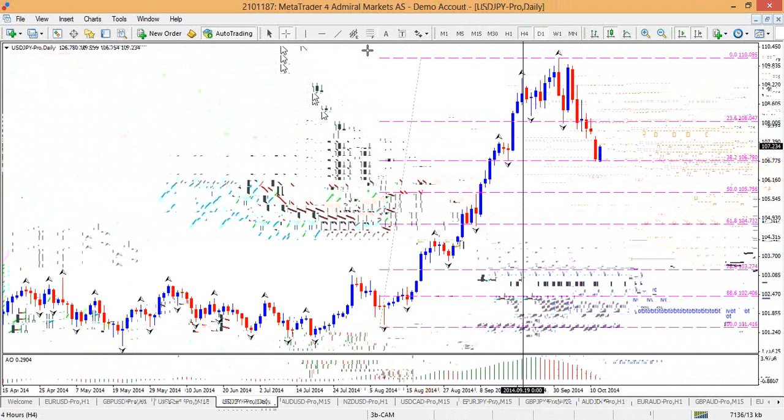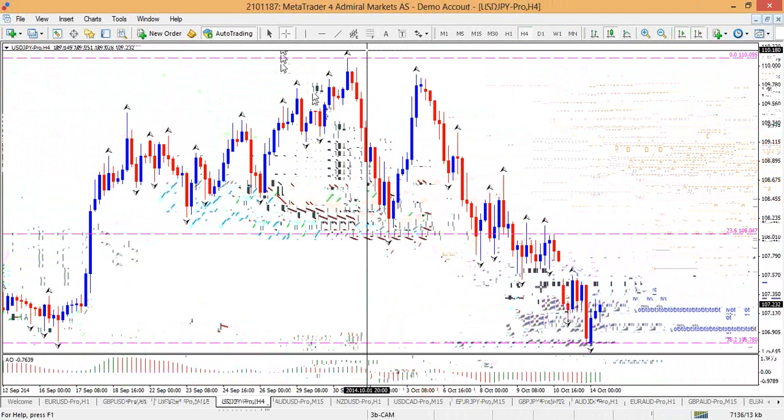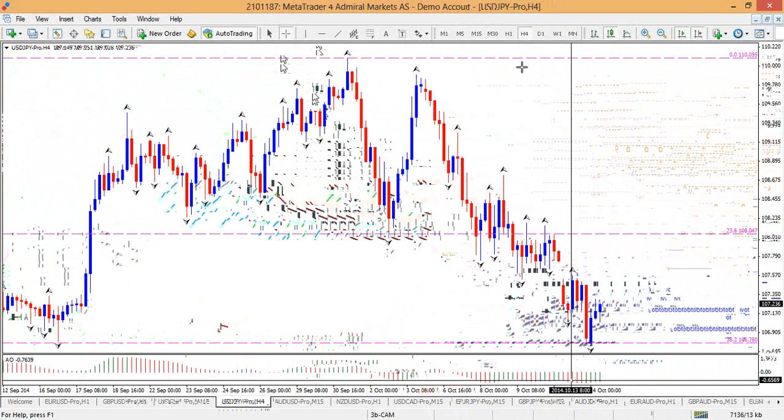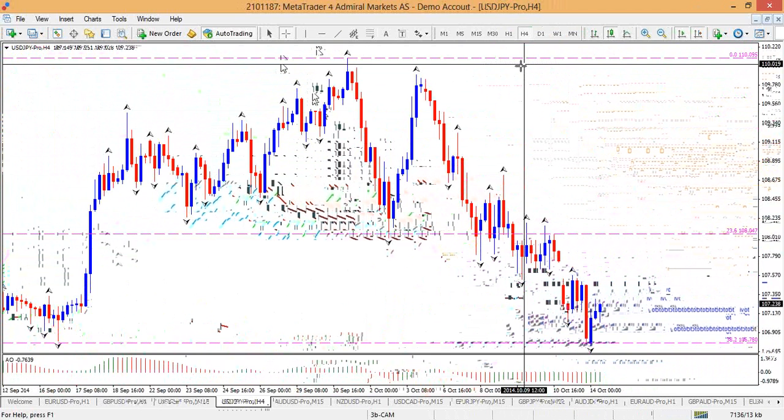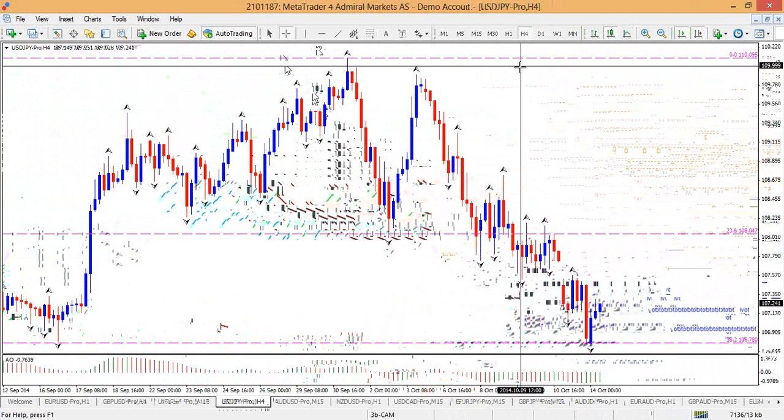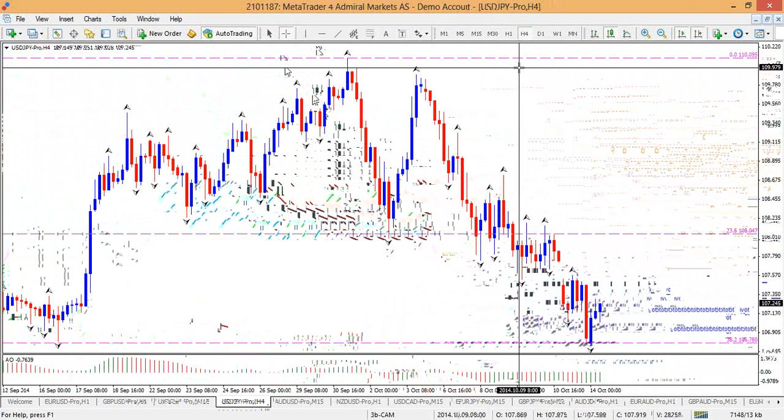Obviously, on the short term, we have bearish pressure. But the 38.2 could be a game changer and could swiftly send this back into a bullish structure.